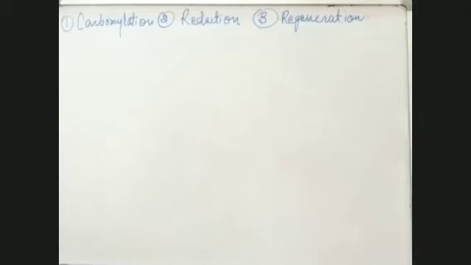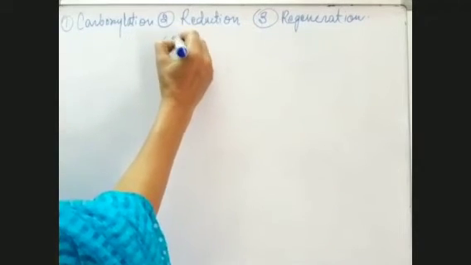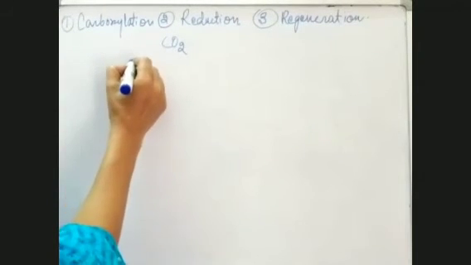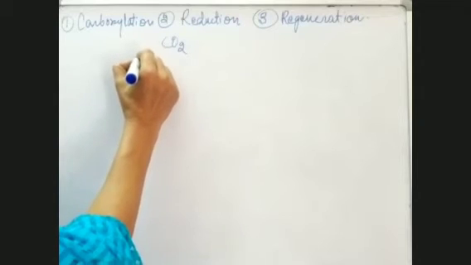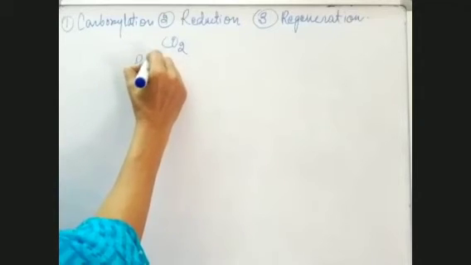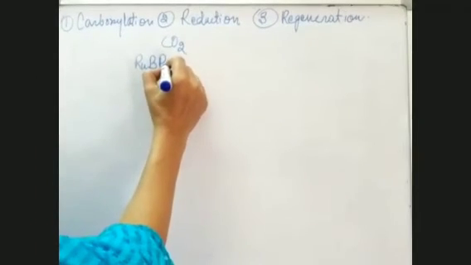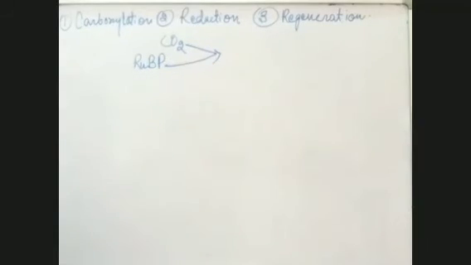Now what happened? How did it start? The CO2, of course, was fixed, and who accepted it? RuBP accepted it, that means the CO2 was accepted by RuBP.